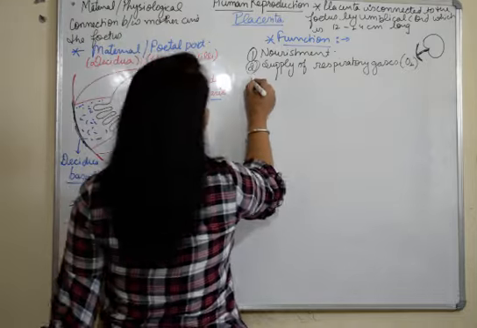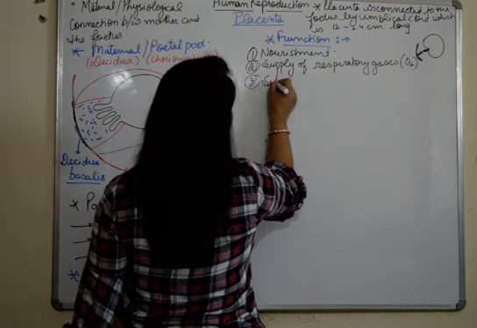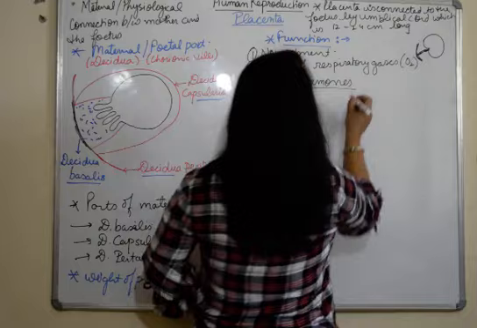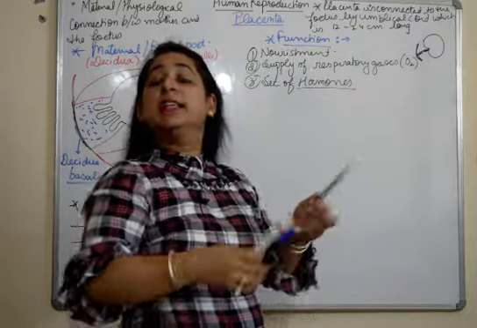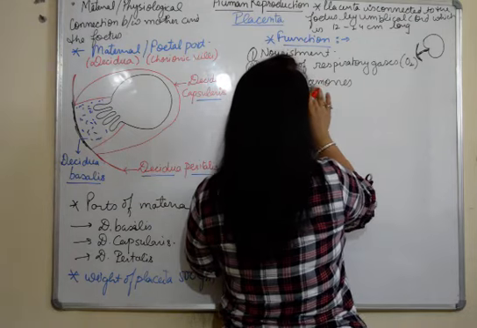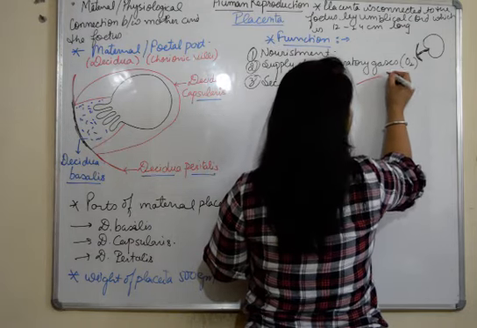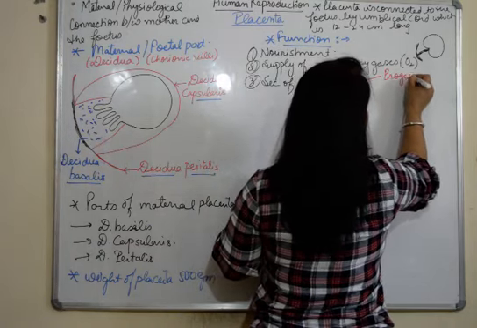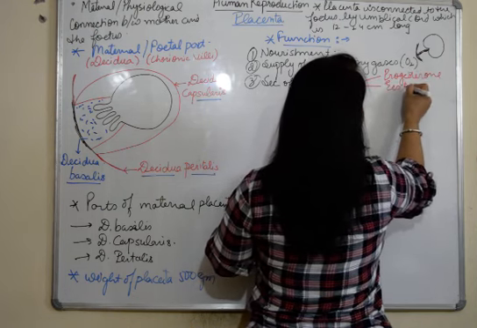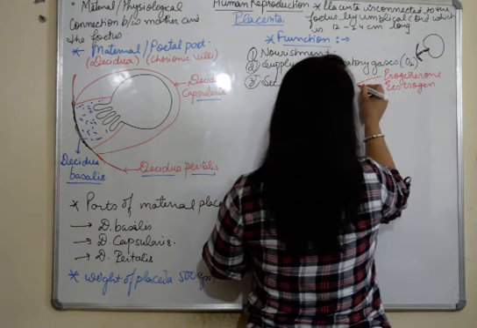Then it plays a very important role of secretion of certain hormones. It secretes certain hormones which sustain the pregnancy and help in development. So the hormones which are produced by it are progesterone, a small amount, estrogen to sustain pregnancy.